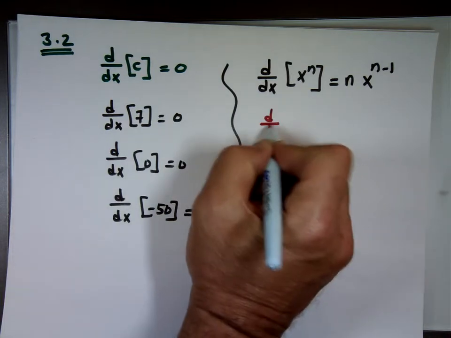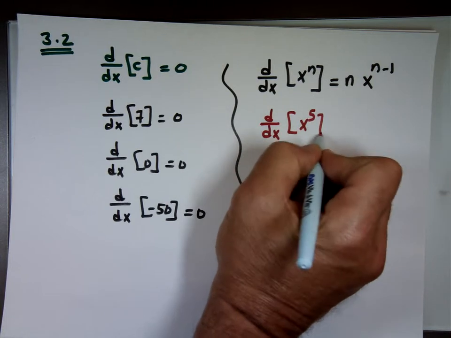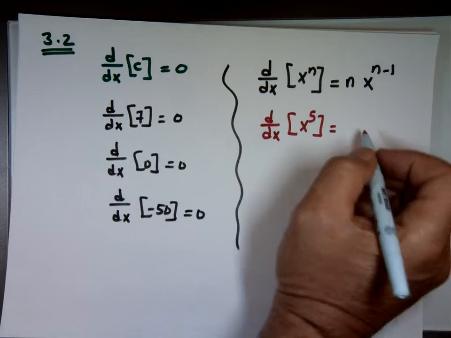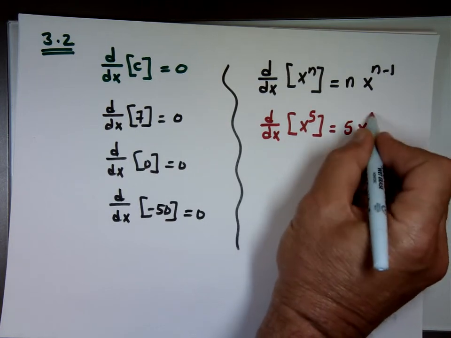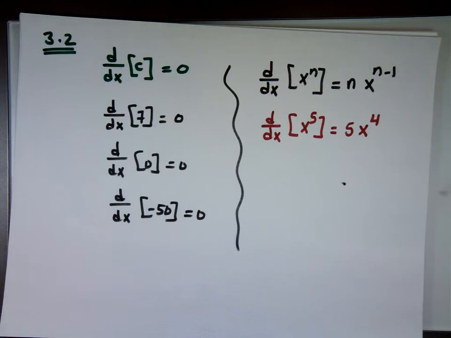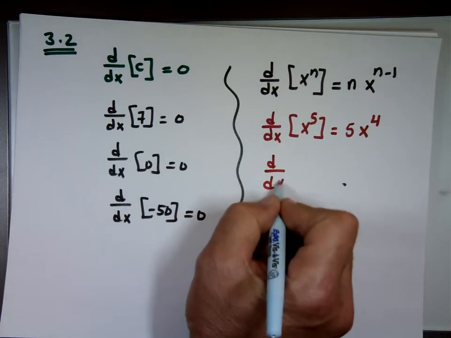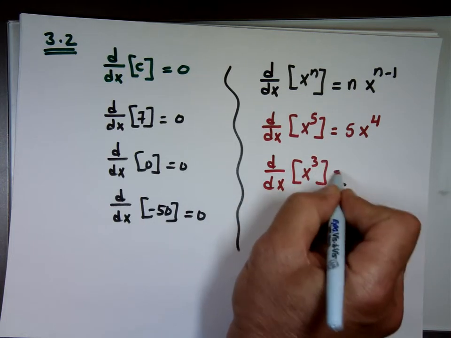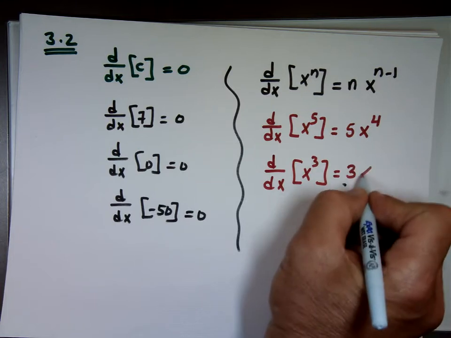The derivative of x to the fifth is what? 5x to the fourth. The derivative of x to the third, 3x squared.